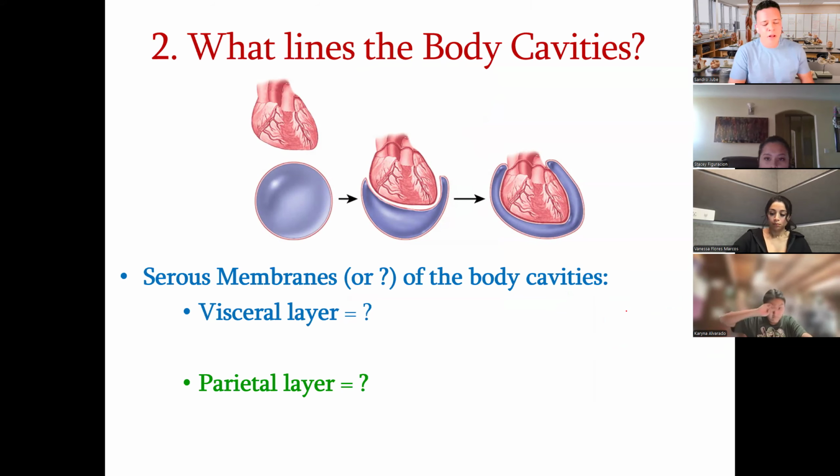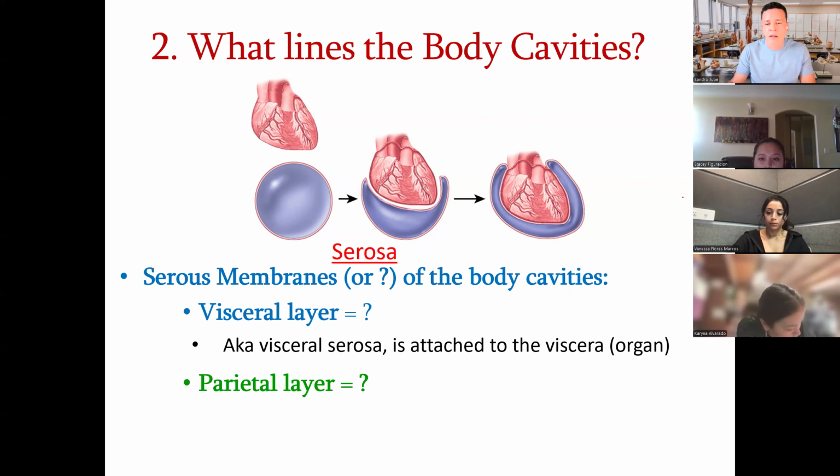Now, several of the cavities in our body, as I mentioned earlier, are made of a serous membrane, which is double layered. One layer, the layer that is actually touching the viscera, touching the organ, is what we call the visceral layer.